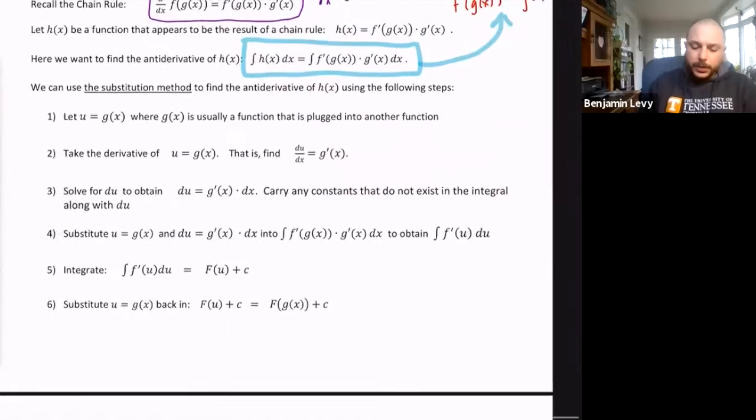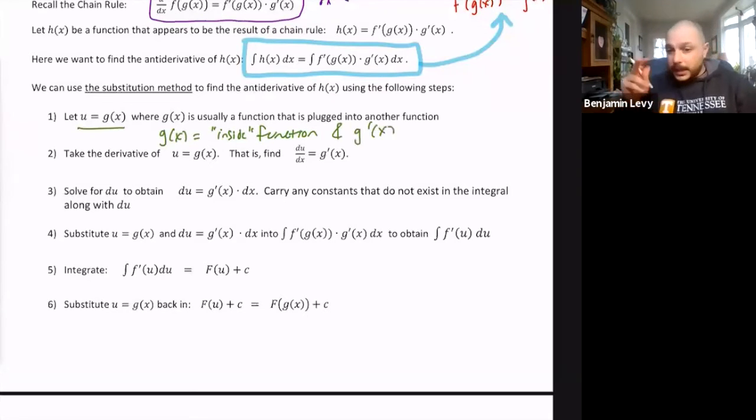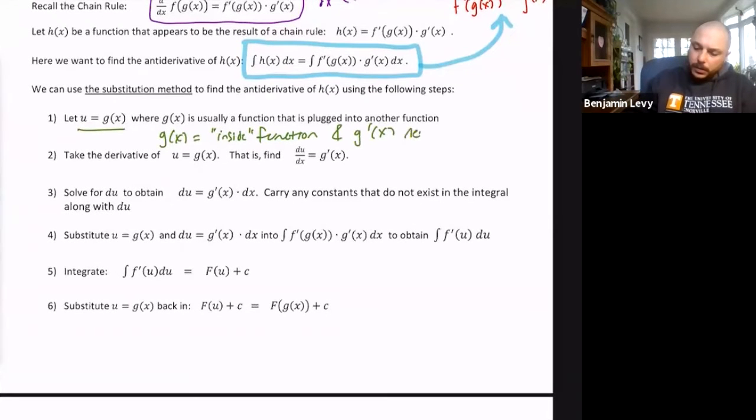We're going to let u be g of x, and g of x is going to be the inside function. And the other note we should be aware of is g prime, when you take the derivative of that inside thing, that needs to also be part of the integral.